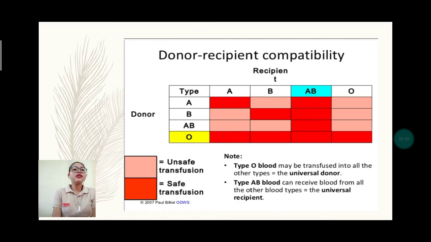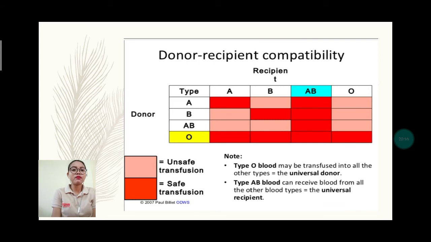Okay, on the table indicated, the donor is on the left side, and the upper side is the recipient. Okay, if the donor is blood type A, the recipients are, so by the way, the legend red means safe transfusion, while the other color, what color is this?